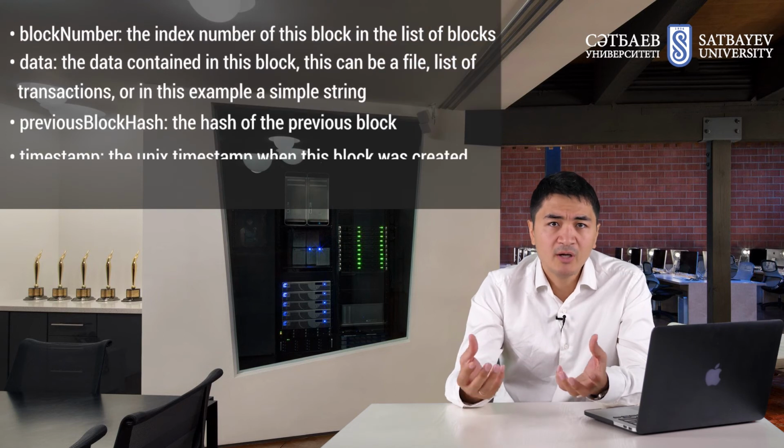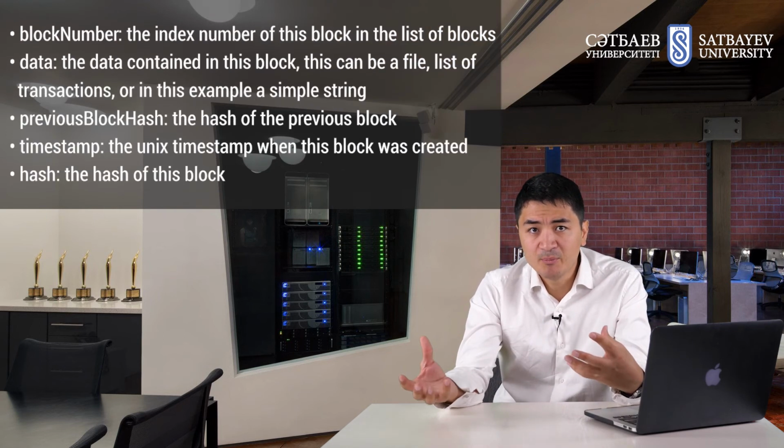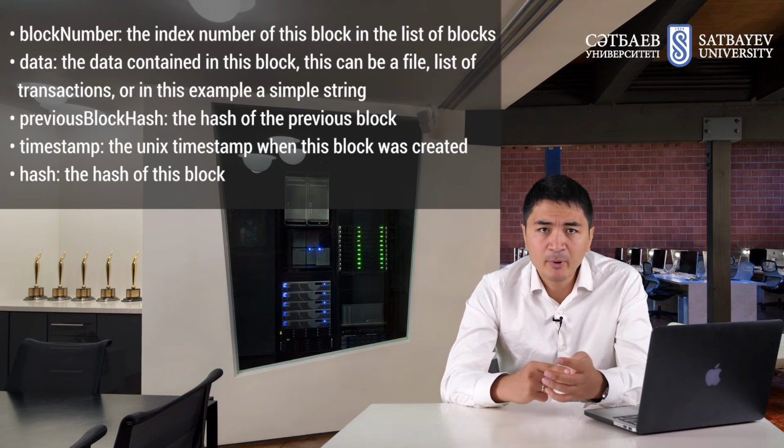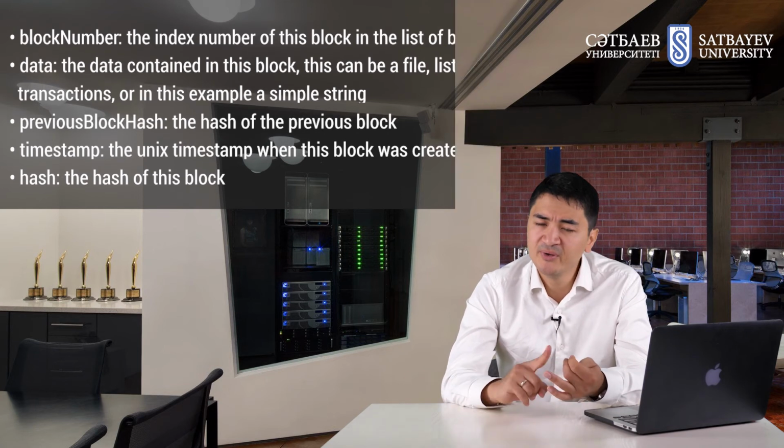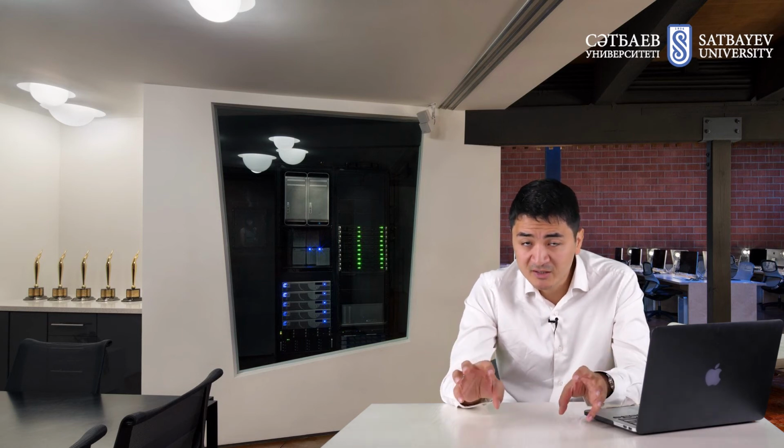What is the block? As I have already said, the block may contain the block number, the data stored within this block, the previous block hash, the timestamp of the current block, and also the hash code that signifies the consistency of this particular block.